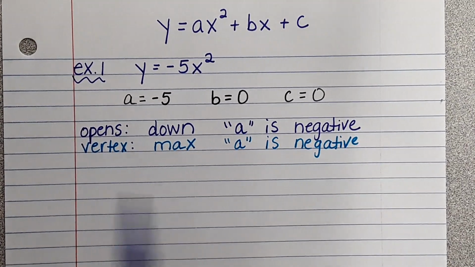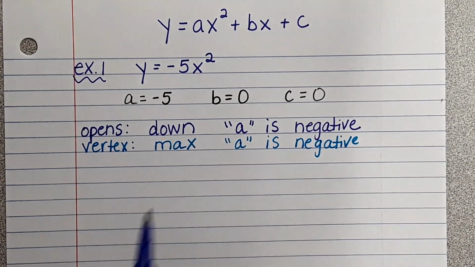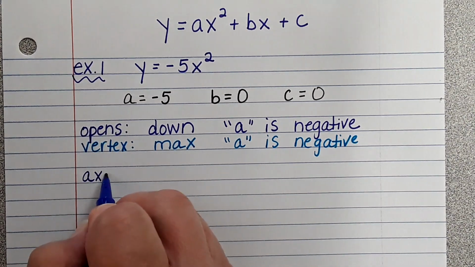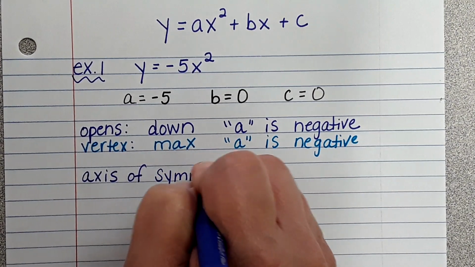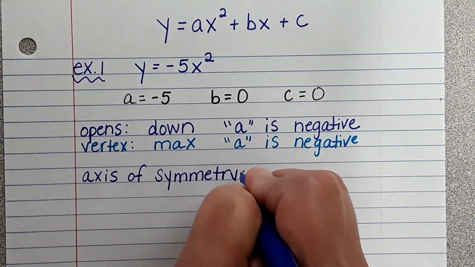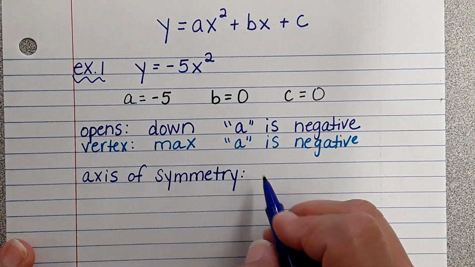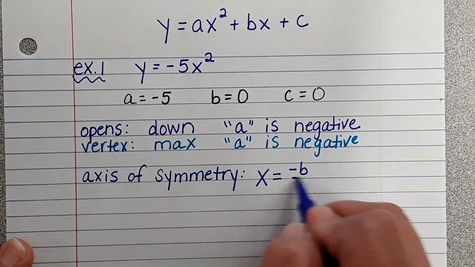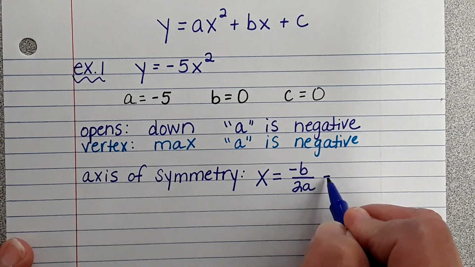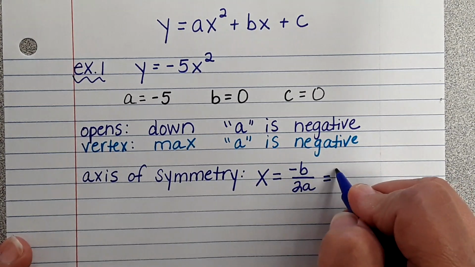Now, that took care of determining A, B, and C, determining whether it opens up or down, and determining the vertex, and now it says find the axis of symmetry. So the axis of symmetry is always an equation. X equals the opposite of B over 2A, always. Okay, so I'm going to leave the negative sign.